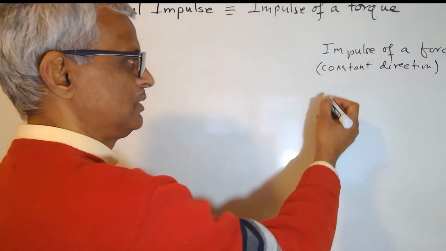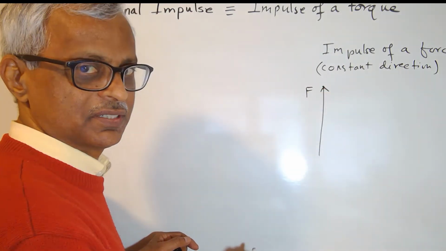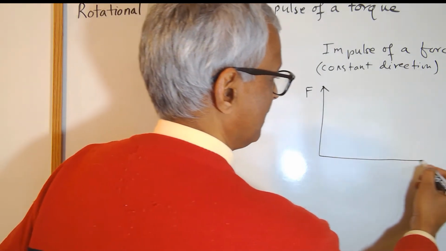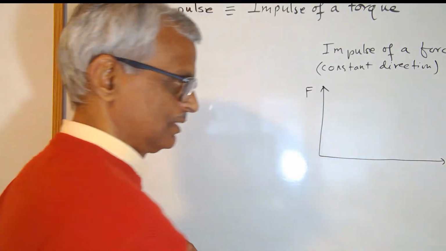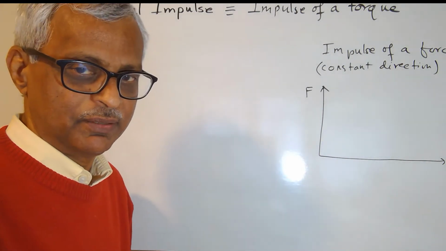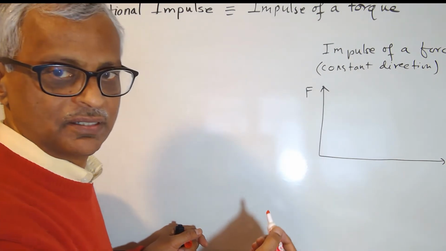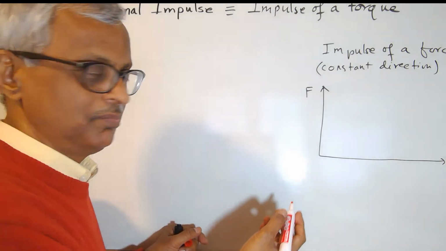So we're just going to look at the magnitude. If you look at the magnitude of the force versus time, you can get some kind of plot here, depending on the system.